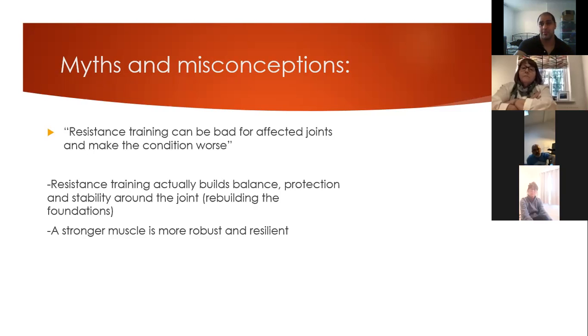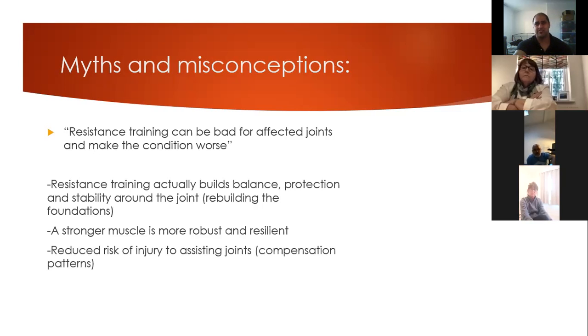I think that's probably the best way of putting it. And with that comes reduced risk of injury to the assisting joints. Now, this is the point I'm going to be banging you guys over the head with for the next 20 minutes: looking at the supporting structures around it. Obviously, if you've got an affected area that's weak from degeneration, the surrounding structures as well.